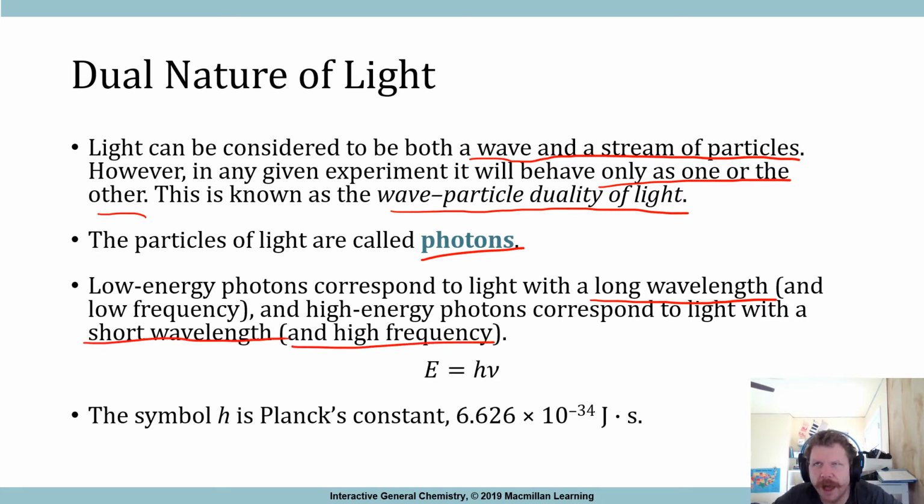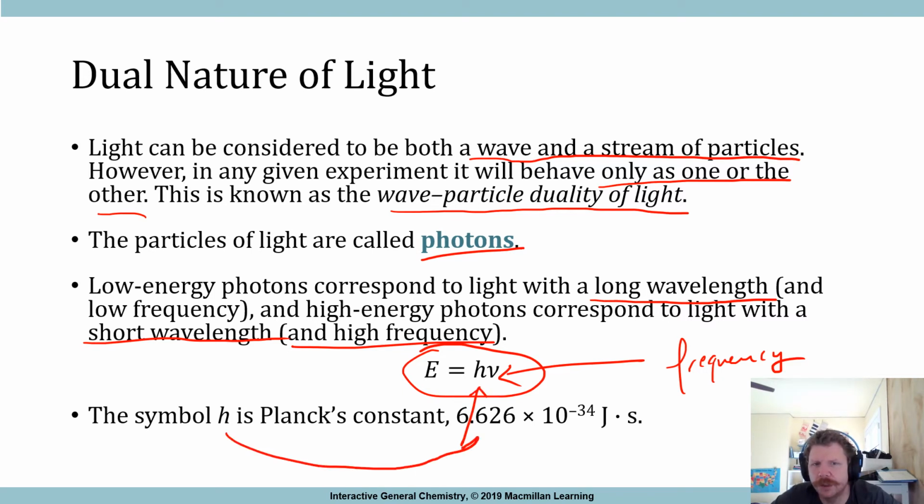So what we have is a summary of E equals h nu. That nu is our frequency. h is Planck's constant, which is 6.626 times 10 to the negative 34th joule seconds.